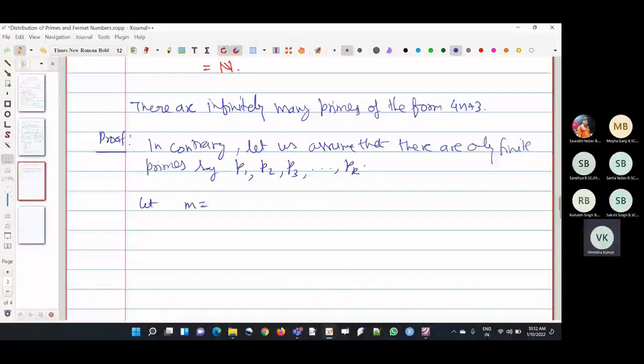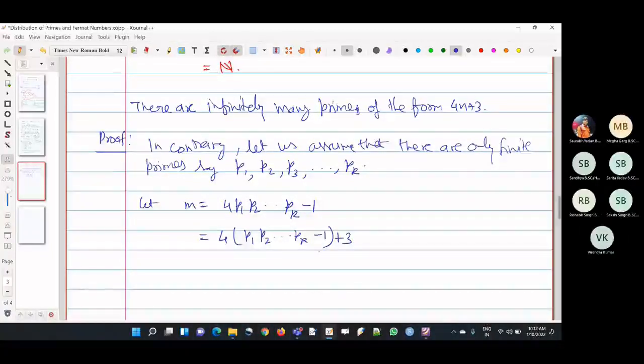Let m equal 4 p1, p2 up to pk minus 1. So we can write it, let us take 4 common. So we can write 4 times p1, p2 up to pk, okay, and then we can write minus 1 plus 3 like this.